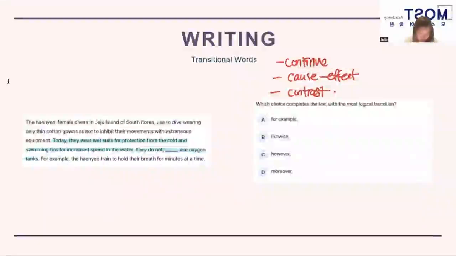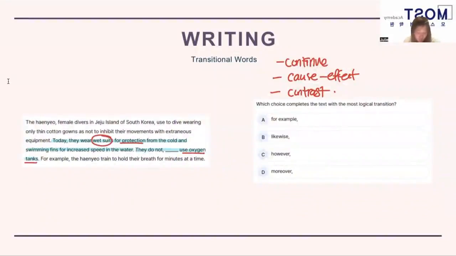So if we read these sentences: today they wear wetsuits for protection from the cold and swimming fins for increased speed in water. And then the next sentence says, they do not blank use oxygen tanks. So here we know that they're wearing wetsuits for protection, and then they do not use oxygen tanks.